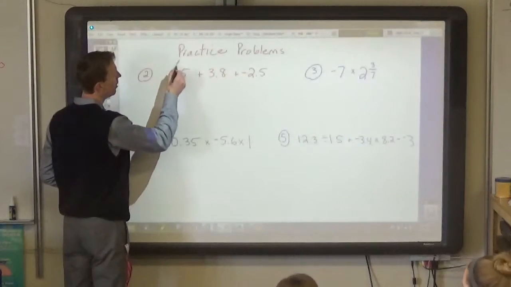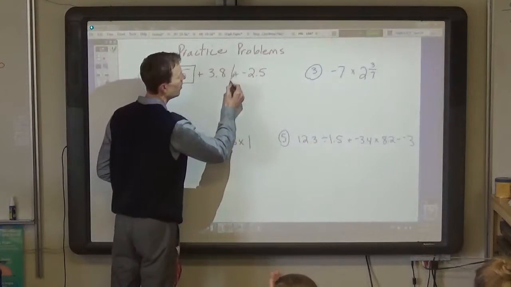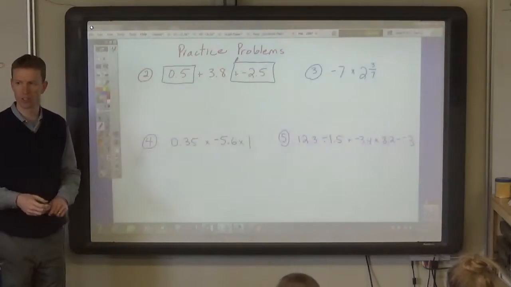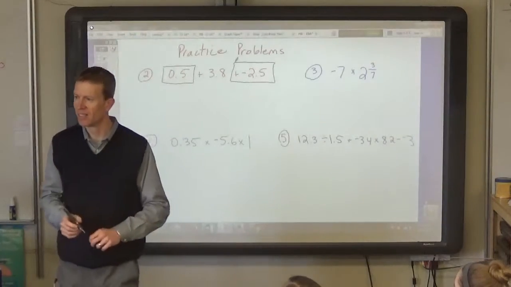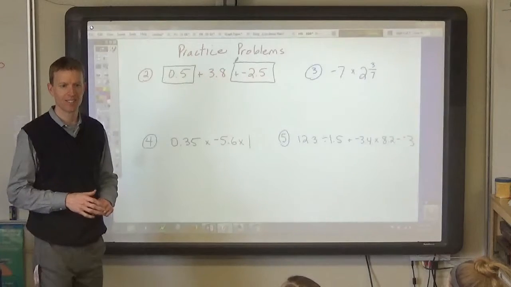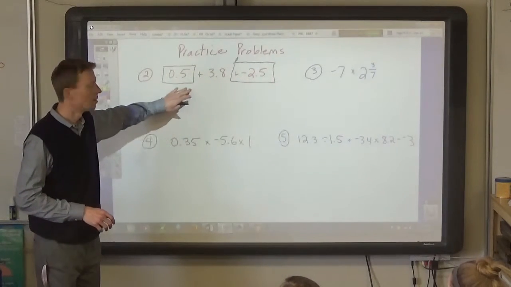Yeah, actually it would. If we add these two together first, would that make the problem easier? Focus here. What would this be?